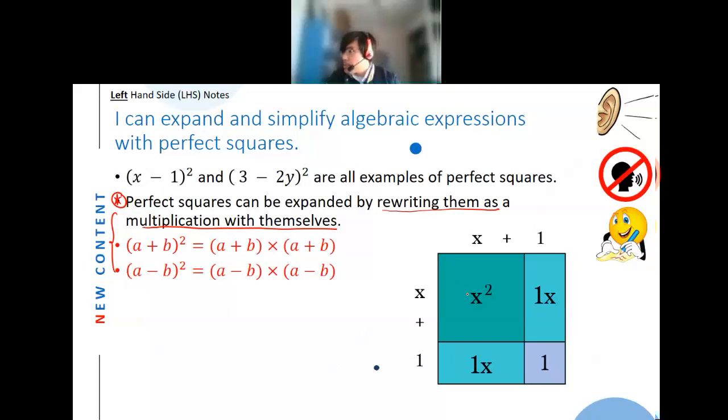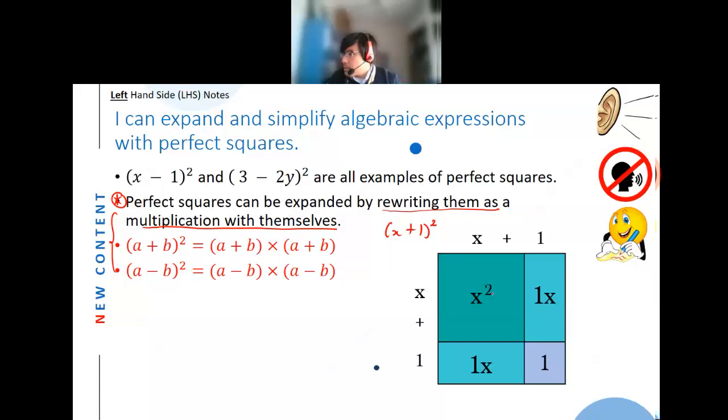Now just a visual representation of what we're doing. When we multiply these, it's kind of like calculating the area of a square. So we have x plus 1 multiplied by x plus 1. This will give you x plus 1 squared. You can see here that it makes a square, hence the name perfect square.